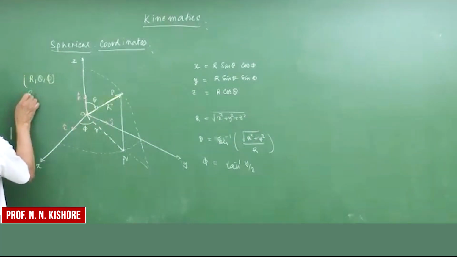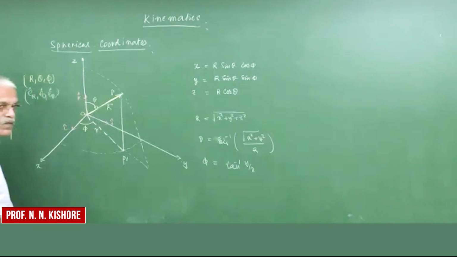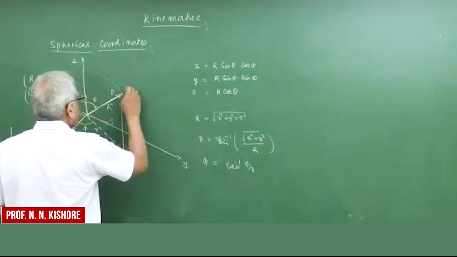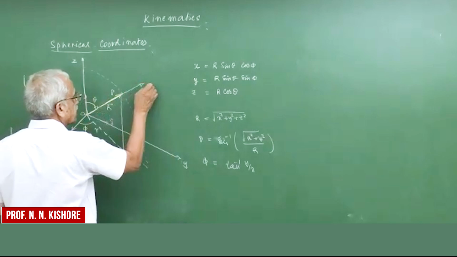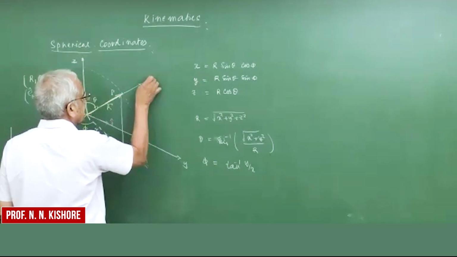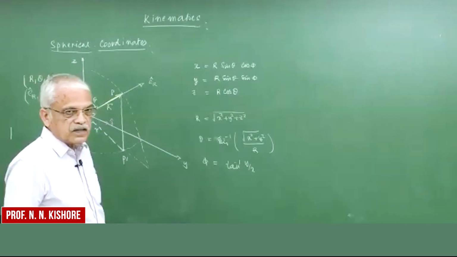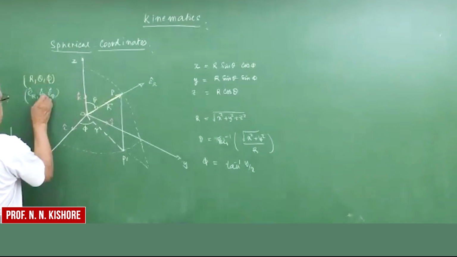Okay. So these are the unit vectors, the coordinate unit vectors. Increasing r gives you the direction e_r, right? And increasing theta gives you e_theta.